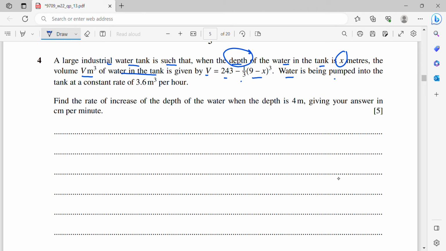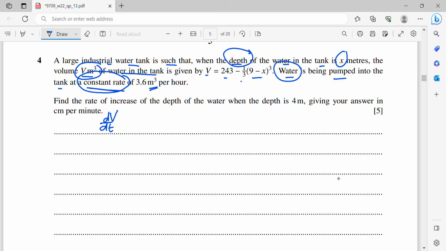Now water is being pumped into the tank at a constant rate of 3.6 meter cube per hour. Whenever you see the rate, that means this is d over dt. You can just look at the units here, meter cube, which is the unit for volume.